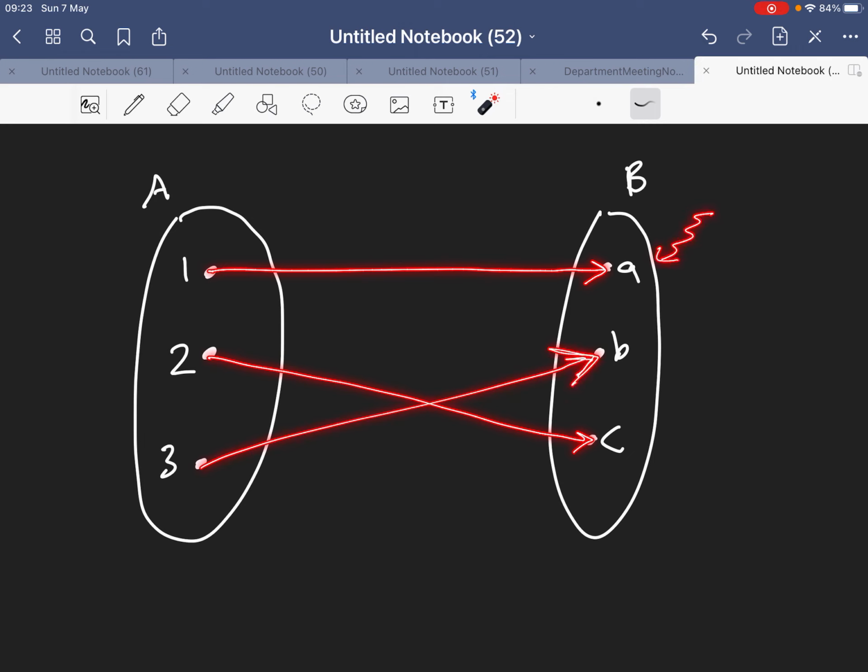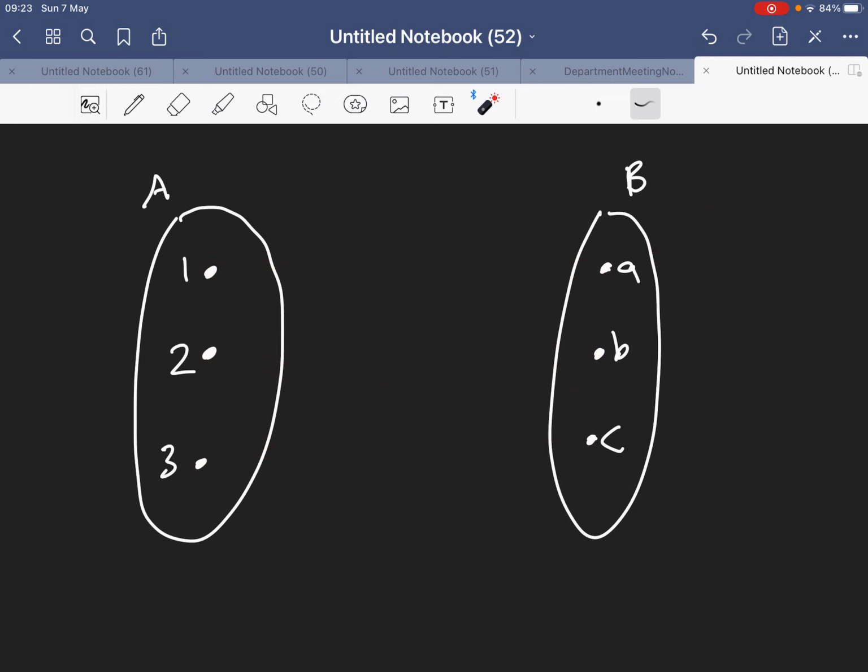So each one of these has only one arrow related to it, or let's say maximum one arrow. Maybe there is no arrow at all, that's fine, but there must not be more than one. We cannot have this and this go to the same output. This is not injective. So injective means in the arrow diagram that any output is only related to one input. So this is what we call 1 to 1. One input goes to one output.